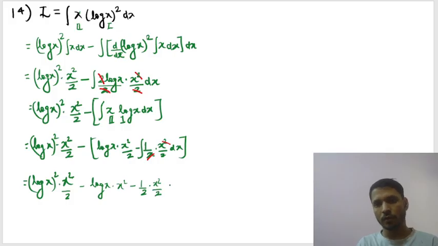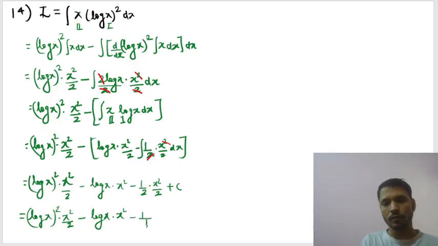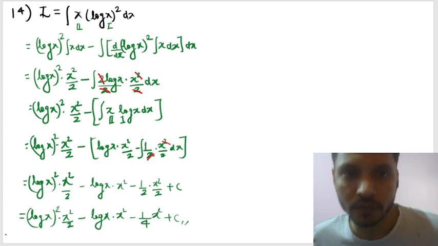So this is the answer, but we can write it in a more simplified form: log x whole square times x square by 2, and this is log x times x square, minus 1 by 4 x square plus c. So this is the answer of question number 49.